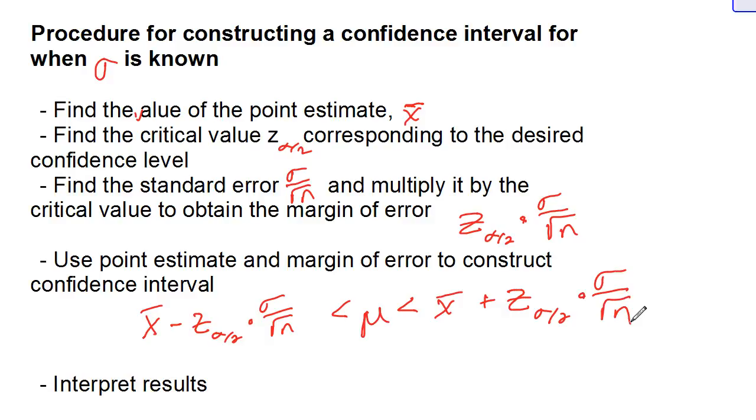So this is where we get that plus or minus our margin of error. Our last step is always to interpret the results. We always want to say, what do those results actually mean? So let's look at an example of this and see if we can calculate it.